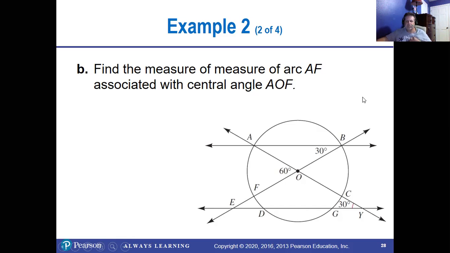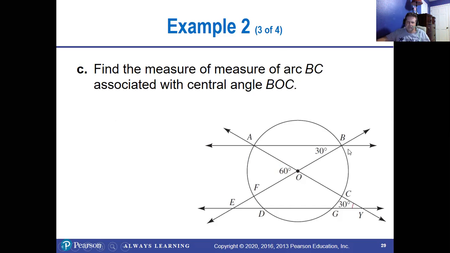Okay, find the measure of arc AF. Well, here is AF. If this is arc AF, the central angle 60 is going to be 60 degrees. And there you go. See how the measure of AF and the measure of the angle AOF would be the same.